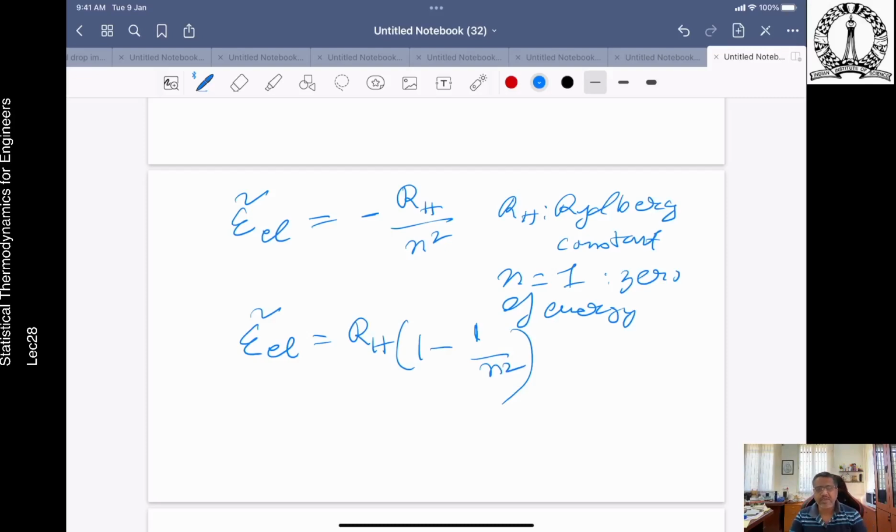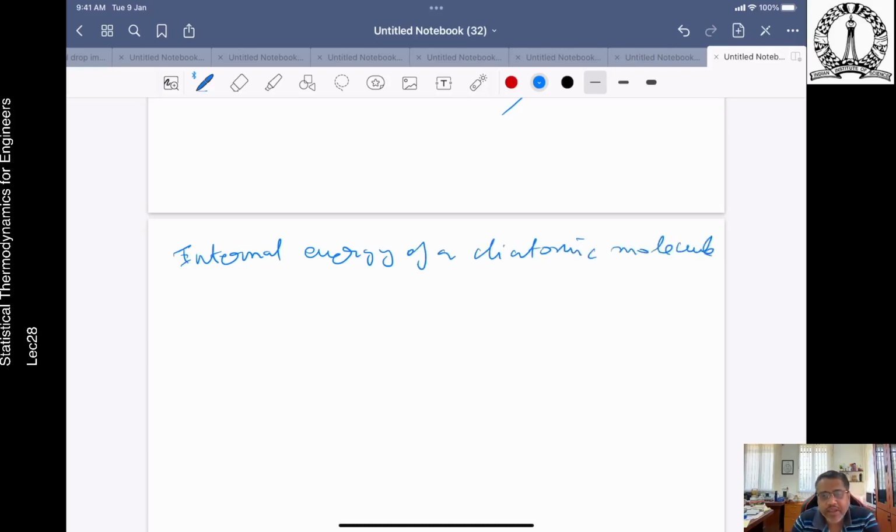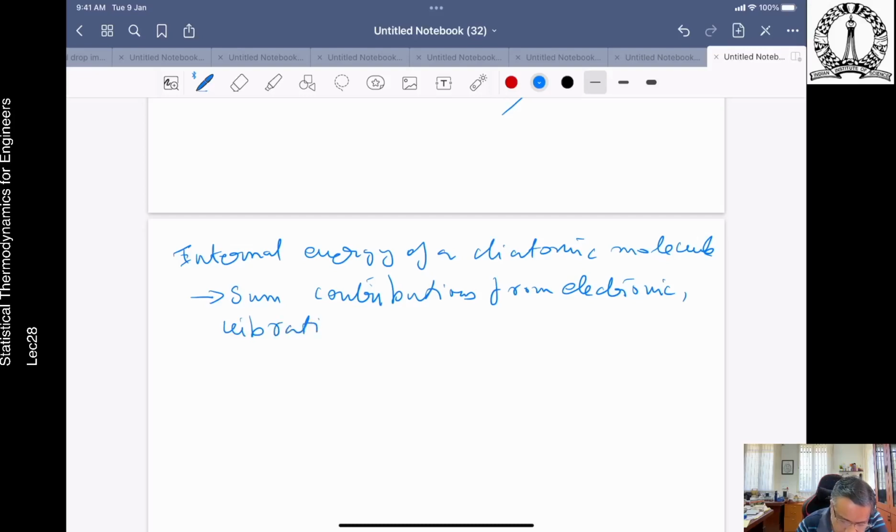We all got this. Now in contrast to monoatomic species, the internal energy of a diatomic molecule can be obtained by summing contributions from electronic, vibrational, and rotational energy modes.